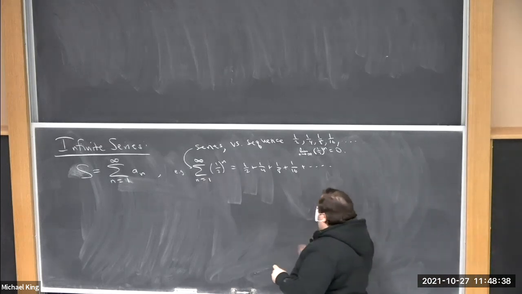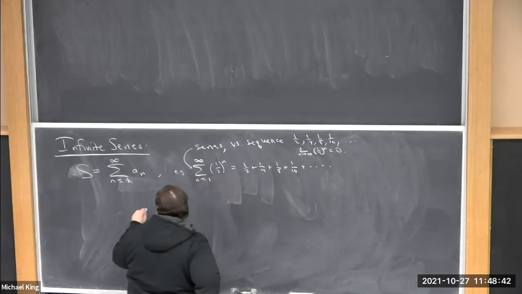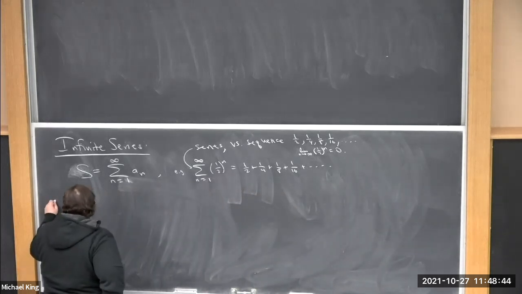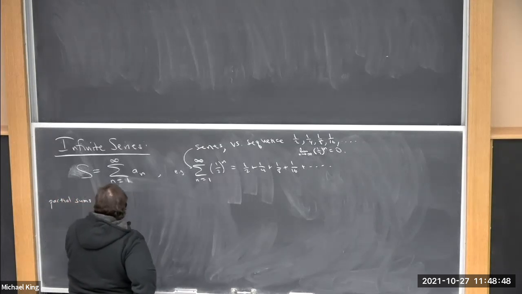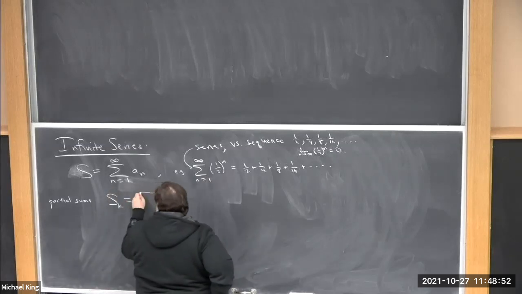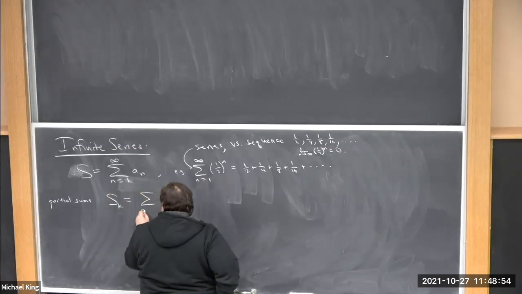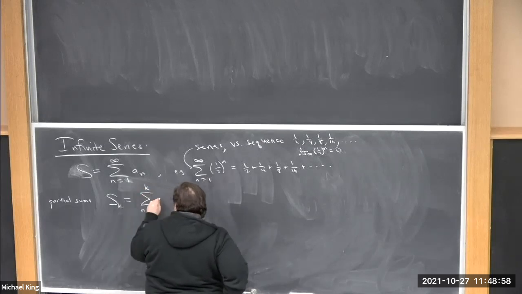What is this sum? There are the partial sums. Maybe I'll write it in general and then in the specific example. The partial sums are where you stop somewhere. It's a really natural thing: when we think about infinite series, we don't actually think about infinitely many terms, we usually just stop somewhere.